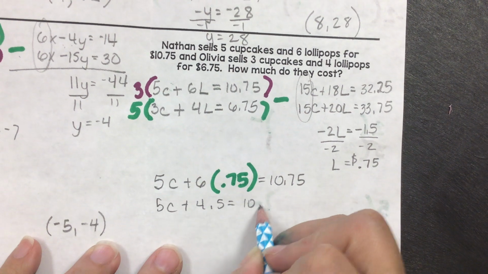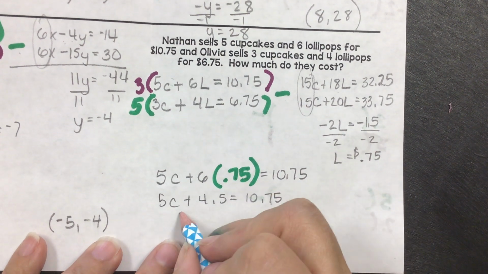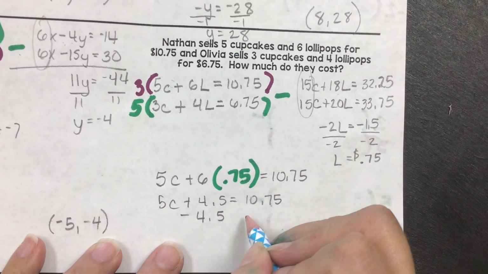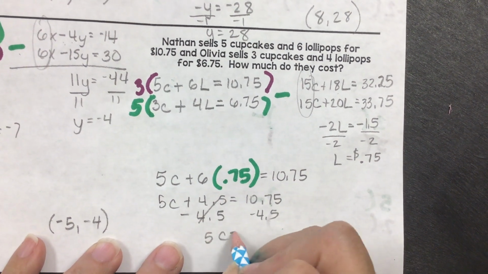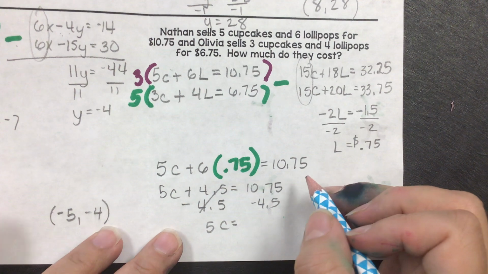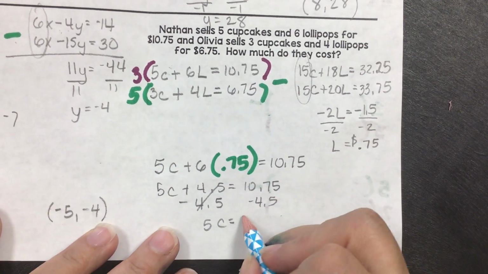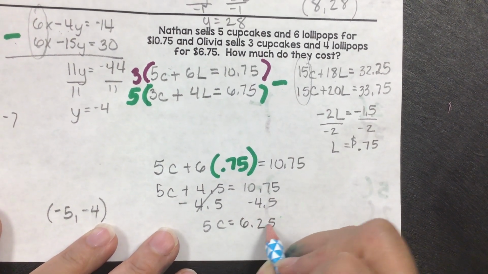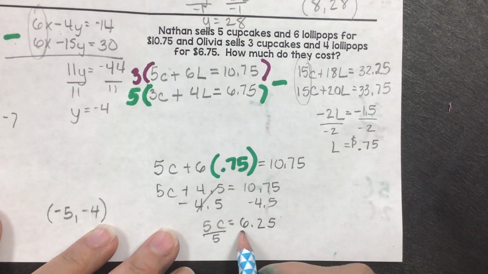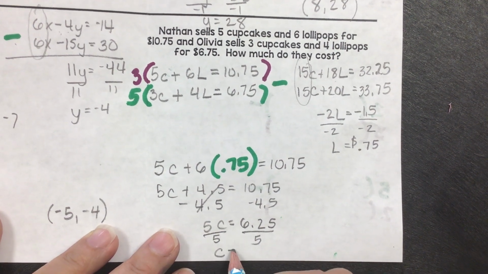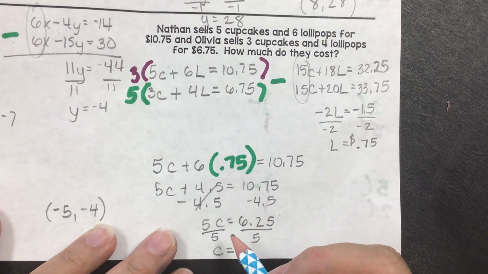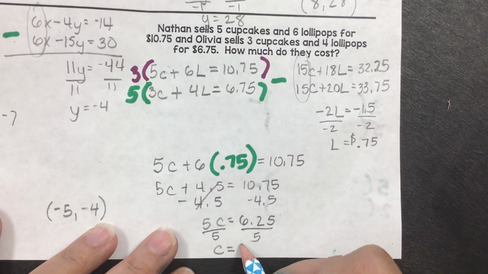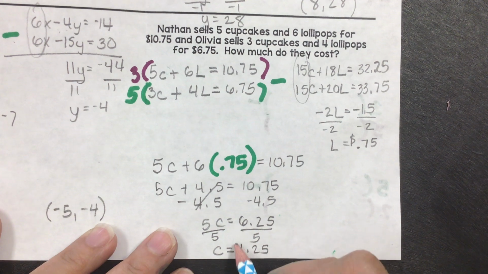Is equal to 10.75. Subtract 4.5 from both sides. 5C is equal to 6.25. Then we divide both sides by 5. C is equal to $1.25.